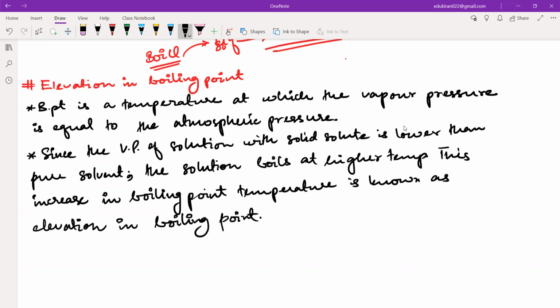Done, Saf? Oh, Rufia is also here. Rufia, did you understand this point? Did you understand this elevation in boiling point? Sir, I came a bit late. I got disconnected. So, have you written it yet? Yes, sir, I'm writing. Write it and try to understand while writing, okay? If you don't, then I will explain it again. Okay.